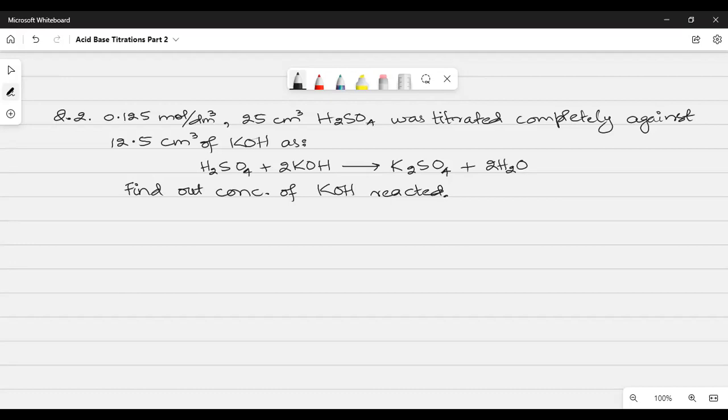This is question number 1. Now, question number 2 is exactly similar to what we did in question number 1. I'm not writing the steps, but I hope you can come up with the steps on your own. The first would be moles for H2SO4, then moles for KOH, and then finally the concentration for KOH.